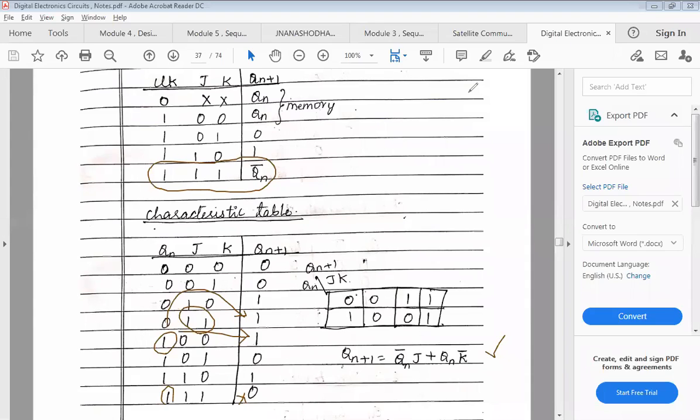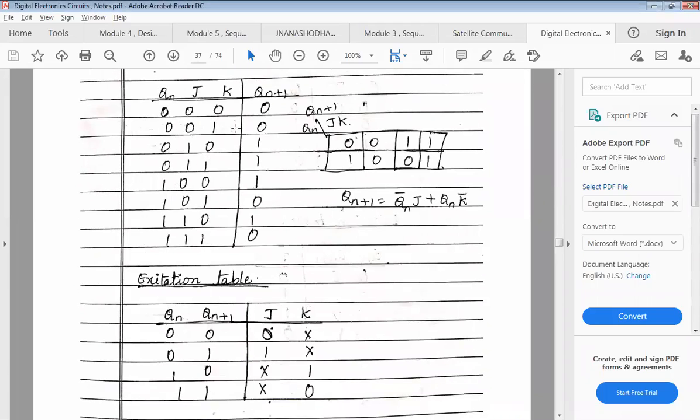Any doubts? Sir. Okay. So using my characteristic table, now I'm going to regroup them, right? So Q, Qn. Okay, so just have a look at this excitation table.